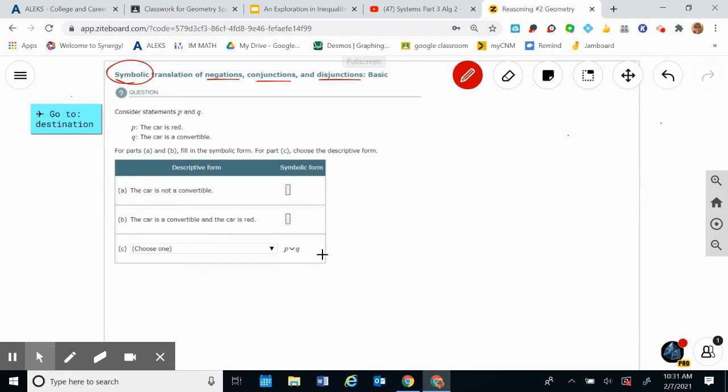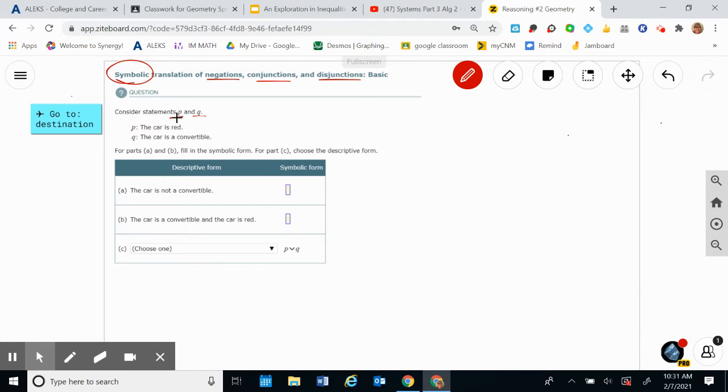There are some good notes in the explanation, very simple notes, okay? So make sure you do copy them down if you need to. So here's the idea. When you're given statements, they're given symbolically, they're given a letter like P and Q. So the car is red, that's a statement. The cup is blue. Sally is nice. Those are all statements, right?